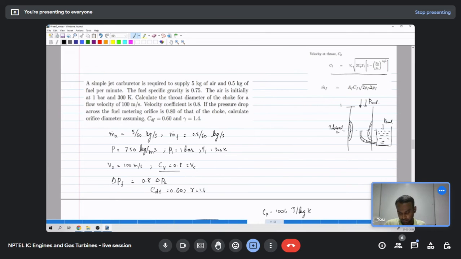I think we didn't calculate the density, right? Assuming rho 1 is P1 by RT1, which is 10 power 5 by 287 into 300.